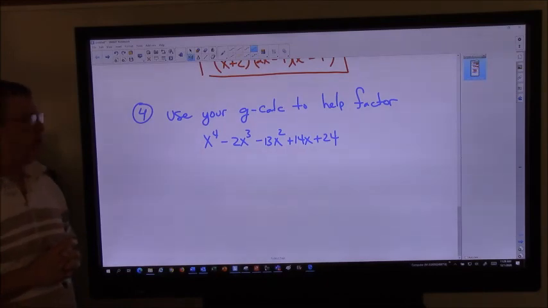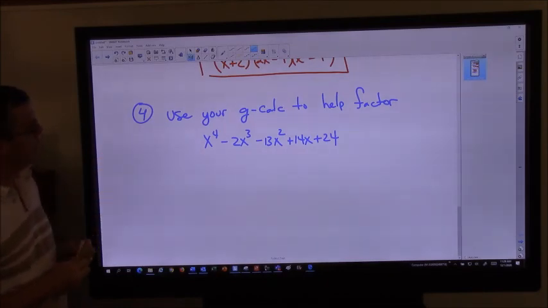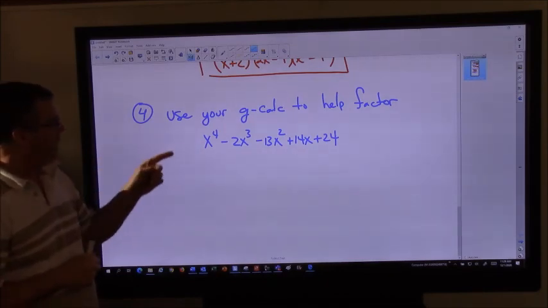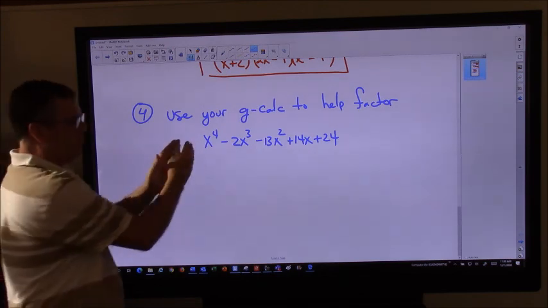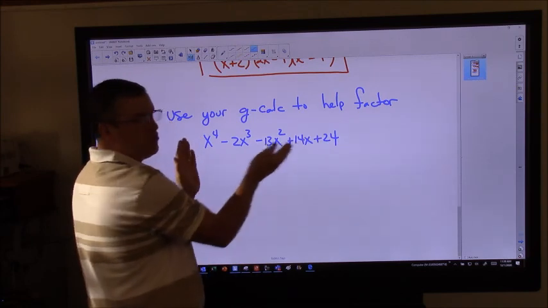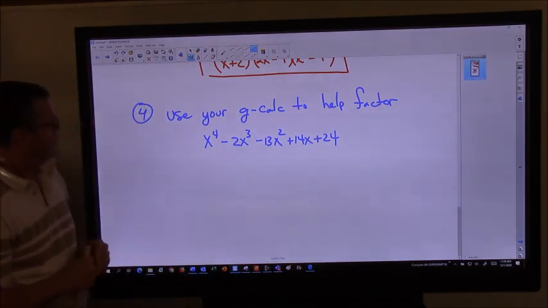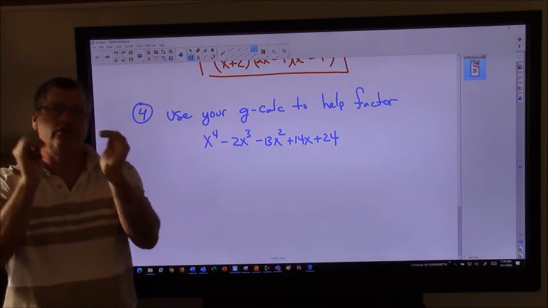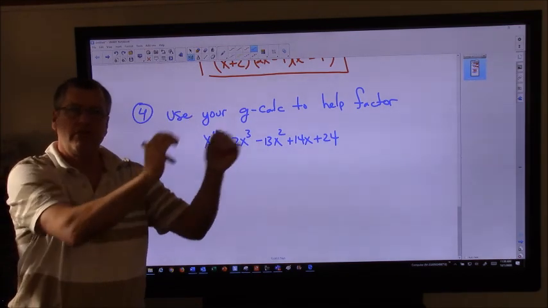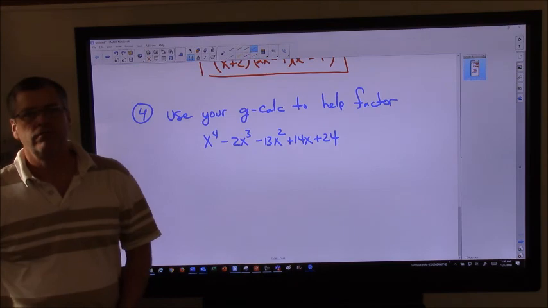All right, so for this problem, it says to use your graphing calculator to help factor this expression. Right? Not an equation, because there's no equal sign. This is just an expression. Well, if I have x to the 4th, that means I'm looking for 4 factors inside parentheses that give this to me.